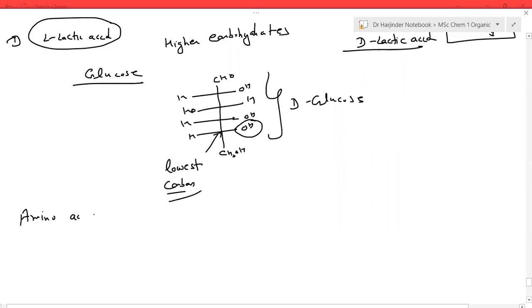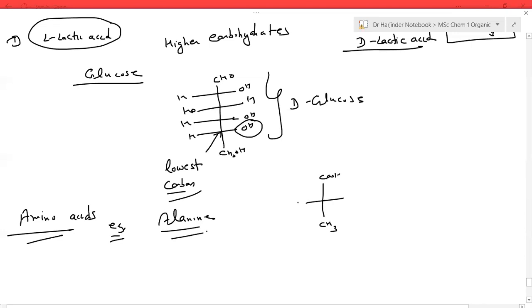For example, if you have alanine, which is CH3, CH(NH2), COOH. In the case of an amino acid, you will look at the position of which group?